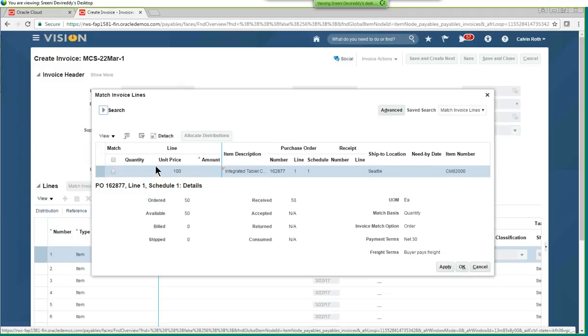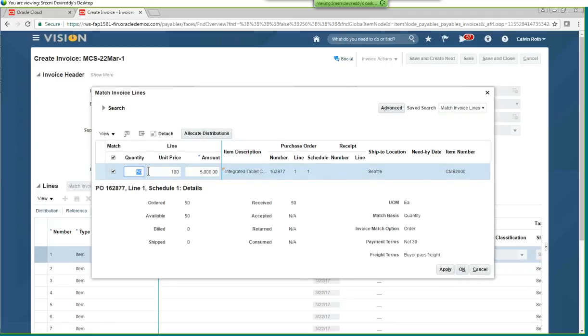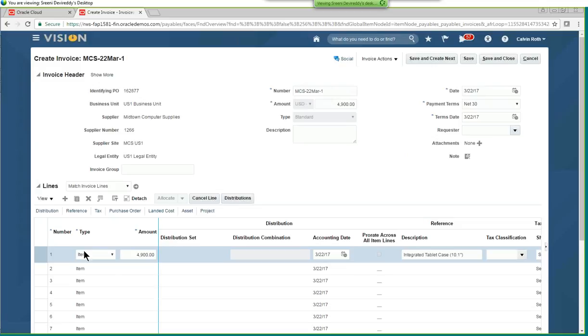So that's the 100 price, and the quantity would be 50, right? But I'm going to make it 49. I'm going to have an invoice only for 49. So the supplier has sent me an invoice only for 49 quantity, and we don't expect him to send any further invoices. So I'm going to just save this.